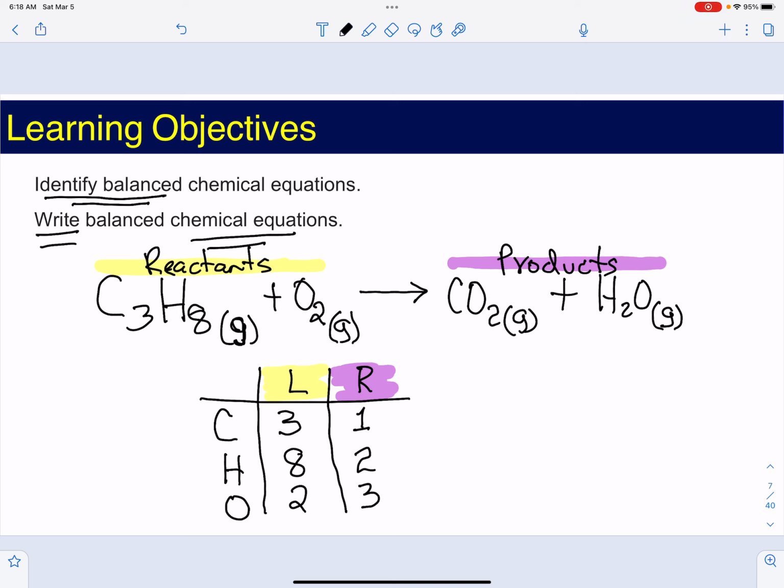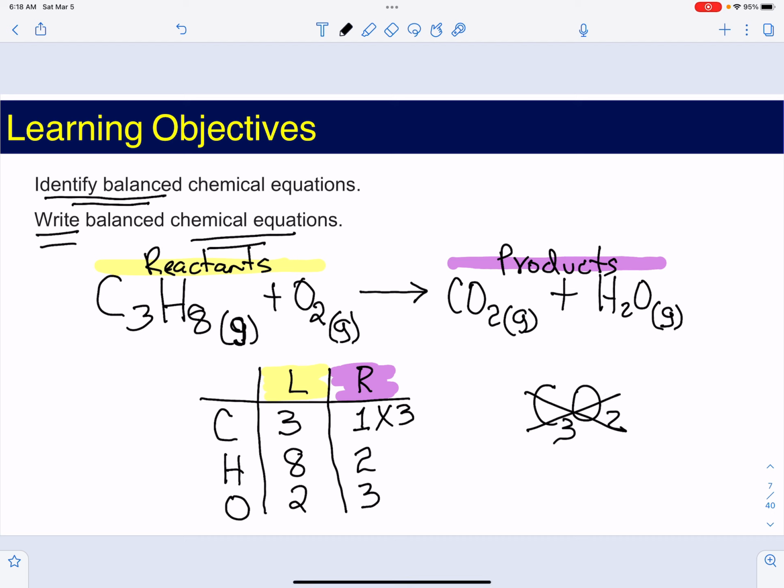So that means that we're gonna have to have 3 carbons on the right side, and we're gonna do that by multiplying. The only way we balance an equation is by multiplying, which means that on the right side, for the carbon, I just multiply by 3. That doesn't mean this. That doesn't mean I'm gonna multiply by 3. That's not what it means.